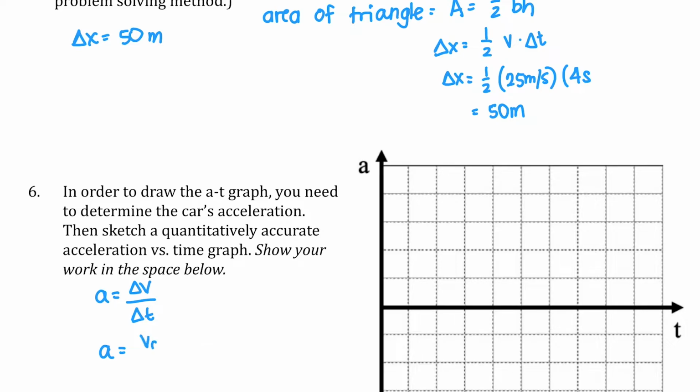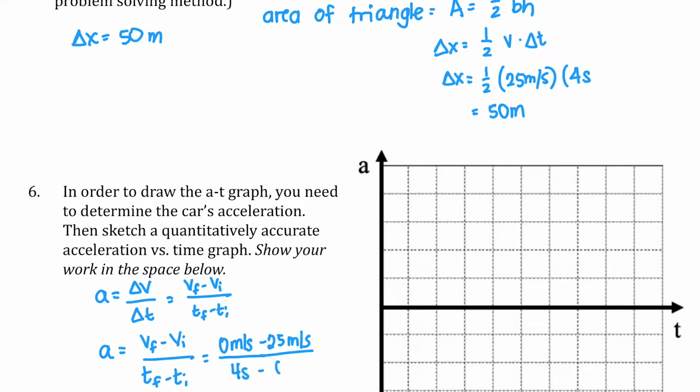That's going to be final velocity minus initial velocity over final time minus initial time. Let me write that out over here too. So that's going to be 0 meters per second minus 25 meters per second over 4 seconds minus 0 seconds.